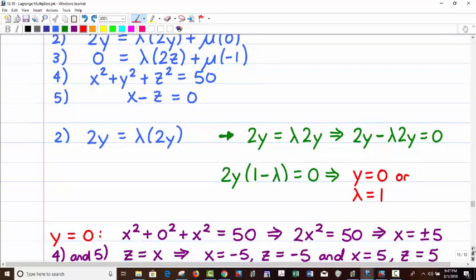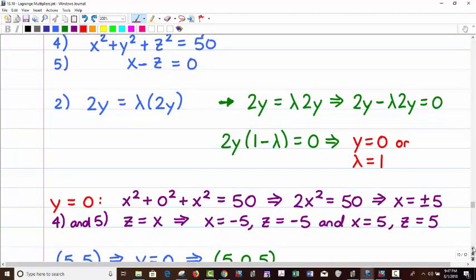So what I'm going to do is take the constraint equations, plural. I want to work with y equals 0. So I replace y with 0 in the sphere equation. I get 2x squared equals 50. So once again, negatives are okay here. So I have plus and minus 5.